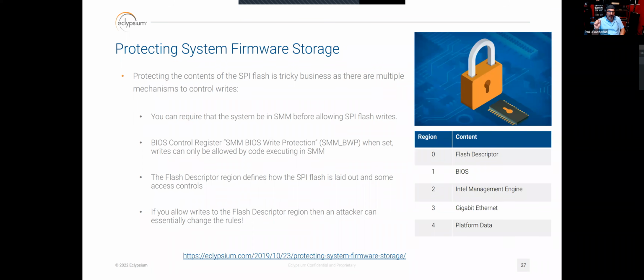Systems can require that your system be in system management mode before allowing SPI flash writes. Now, there are also vulnerabilities associated with that process as well. There's actually what's called a race condition, where you can write to the SPI flash before the checking is in place, so the SPI flash is writable for a period of time.